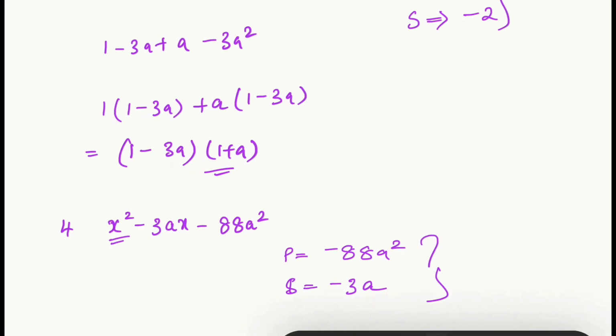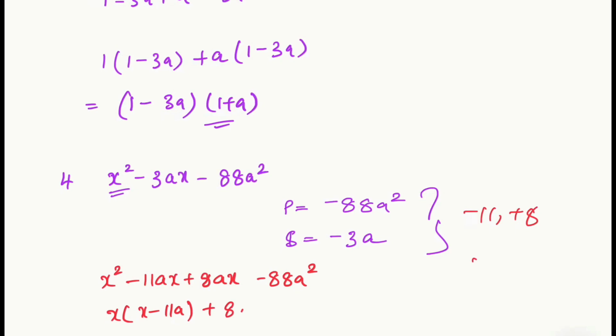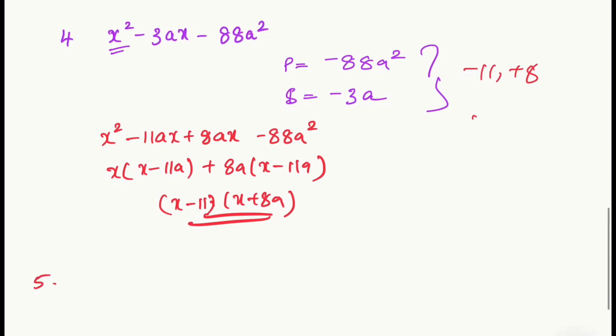So can I take minus 11 and plus 8? So I get x square minus 11ax plus 8ax minus 88a square. x is common: x minus 11a, plus 8a is common. x minus 11a is common into x plus 8a. So we get it like that.